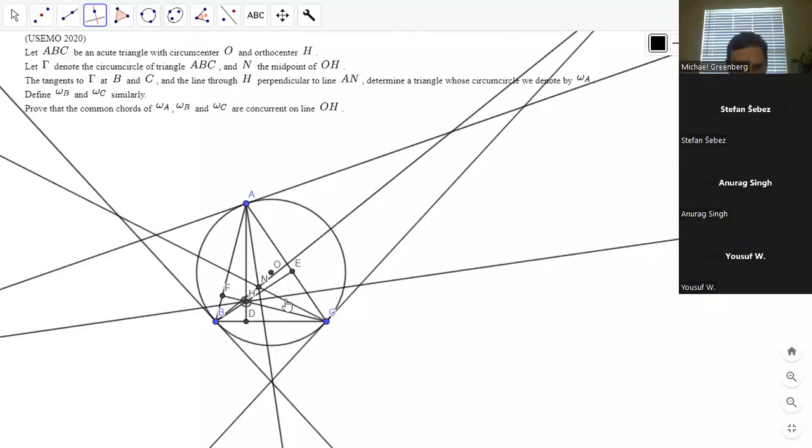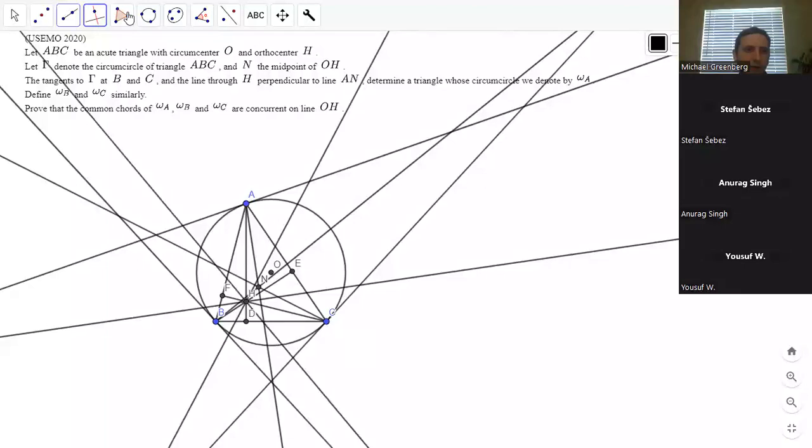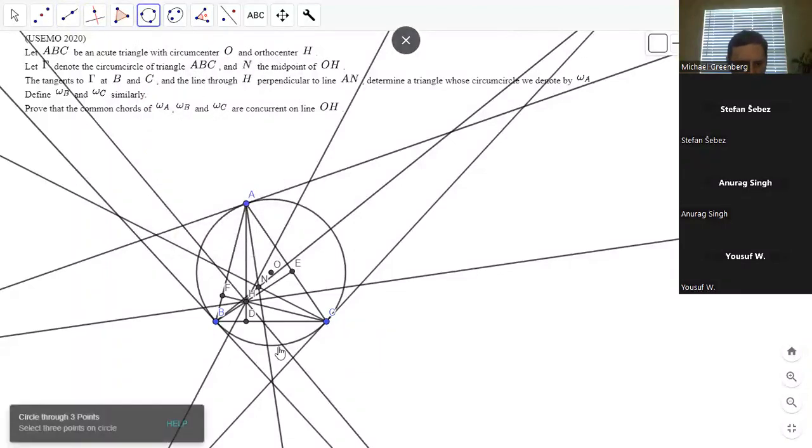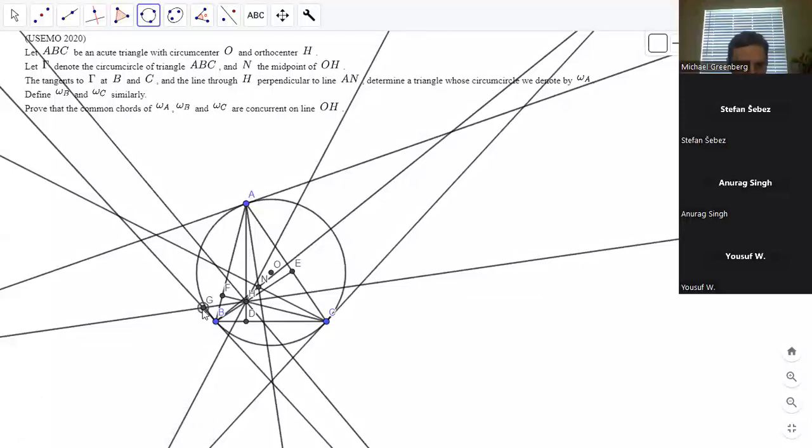So CN and then BN. Yeah, this looks kind of hard. So we would have this circle. So I didn't draw that difficult.